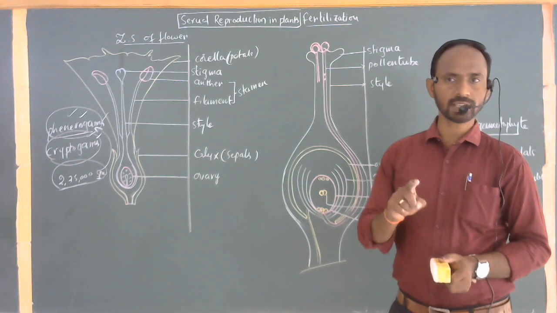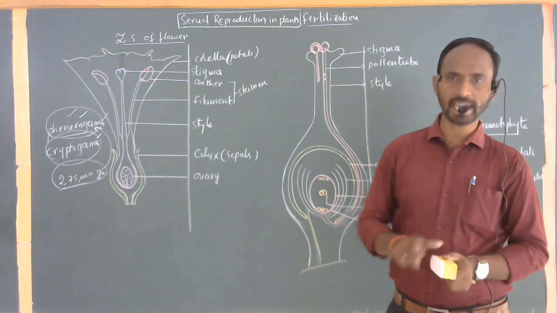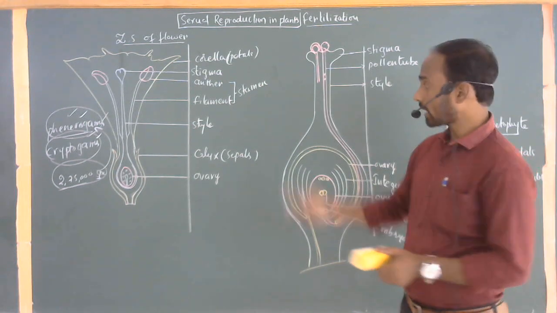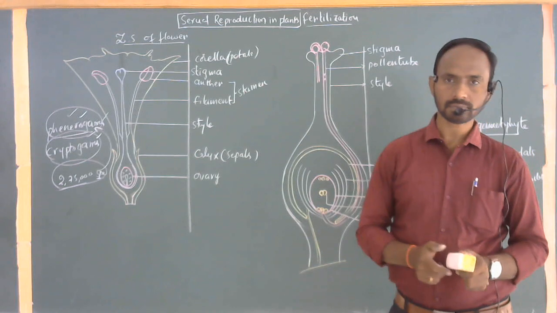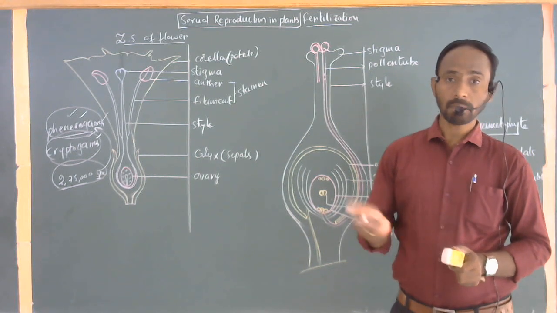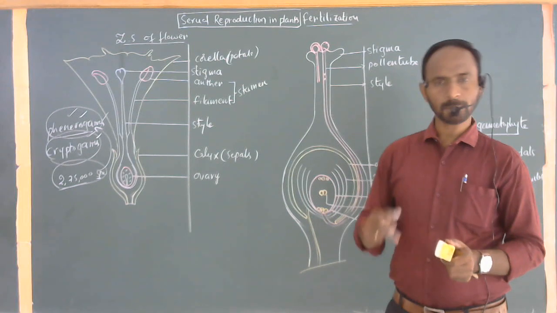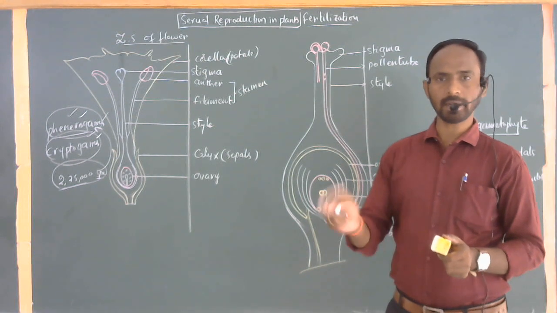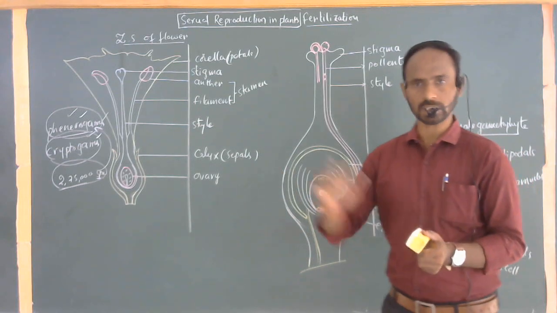The process of pollination and fertilization may change from species to species, but the mechanism in a flower is the same.